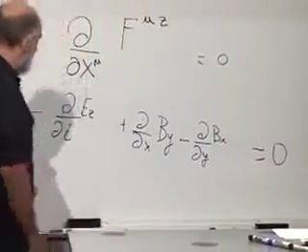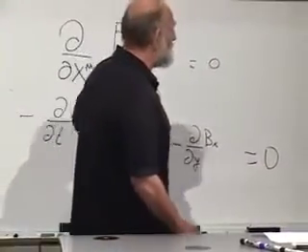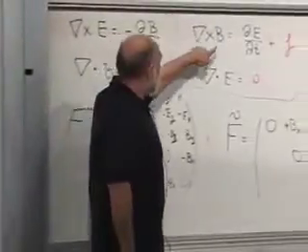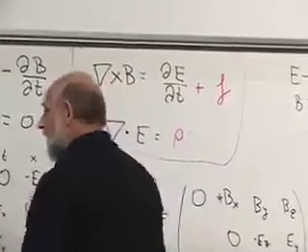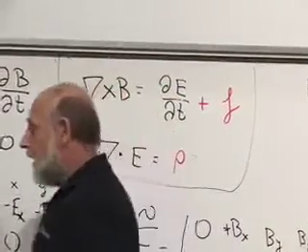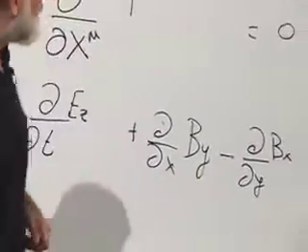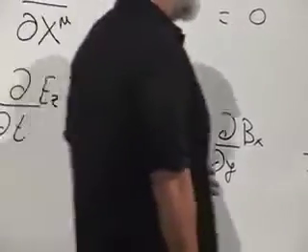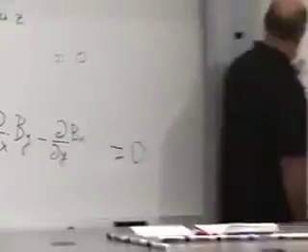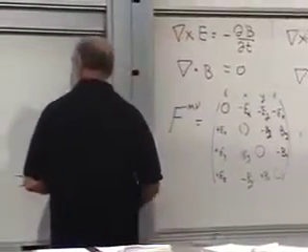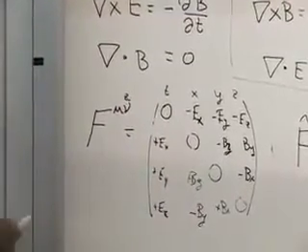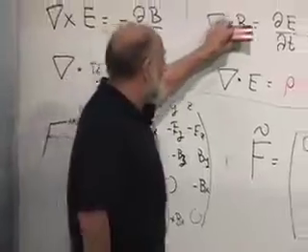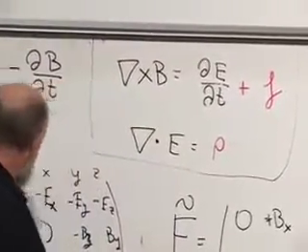Well, if you look at it carefully, you'll see that it's exactly the equation over here, the z component of it. The time derivative of E sub z is the z component of the curl of B. That's exactly what we have here. So the z component just gives us back one of the Maxwell equations, namely the z component of a Maxwell equation.